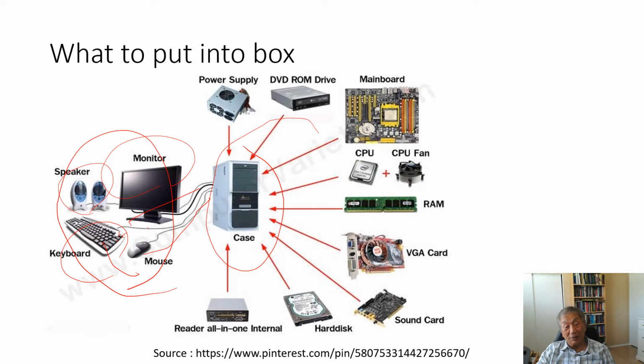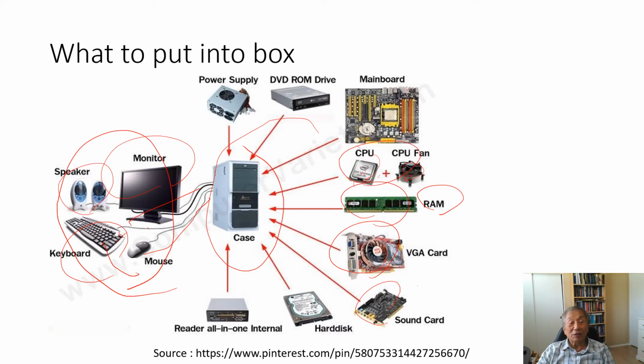I don't have every device in here, but there are some of those units. Like RAM is a memory, and CPU. What is a CPU? That's actually the processor, and the processor has to do a lot of work, so you need a fan to cool it.